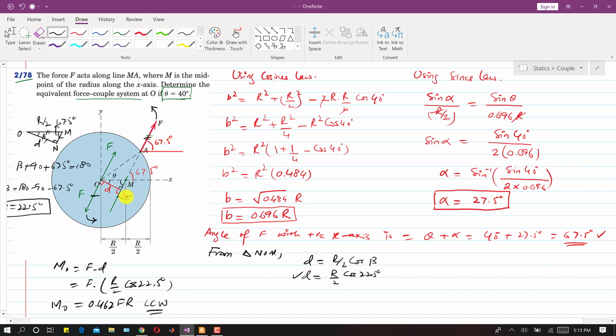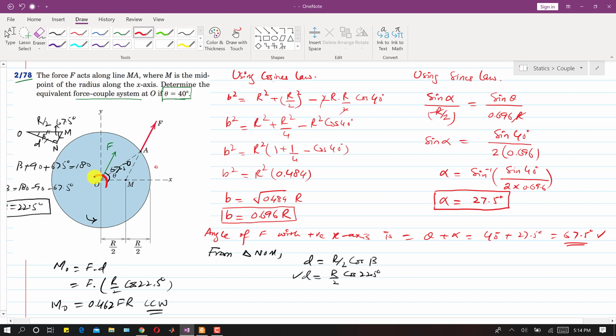So let me remove all of these, right? So we will be left with that green force, and we will say that this angle is 67.5 degrees. This is important, we need to write this in our answer. So this is 67.5 degrees.